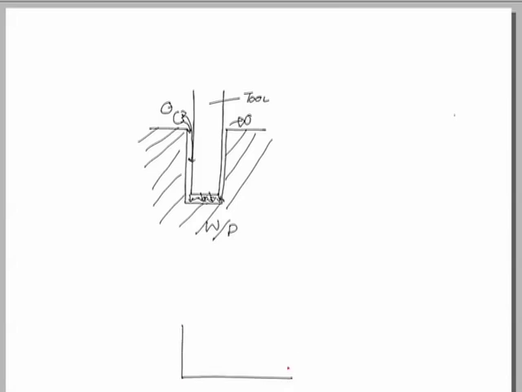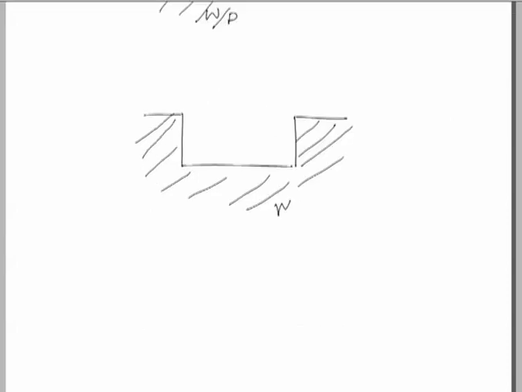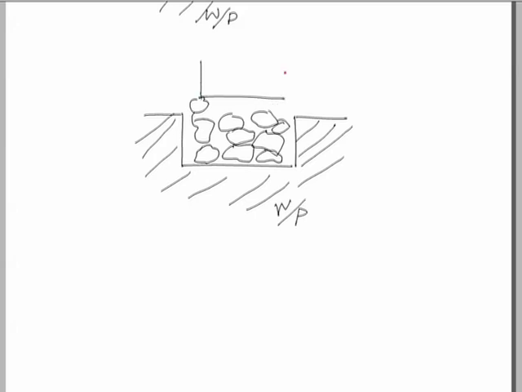This can be explained something like this. If this is the workpiece and these are the abrasives, and if the abrasive concentration is too high in the cutting zone, this is the tool which is hitting these abrasives, or you can say this is oscillating like this, then instead of these abrasives hitting this work material effectively, they will hit each other.